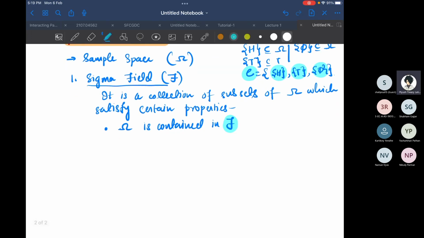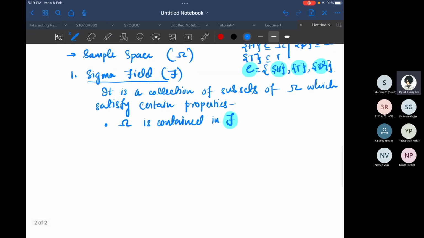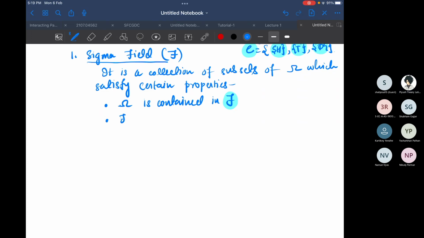F should contain omega in it. The next property is that F is closed under complements.